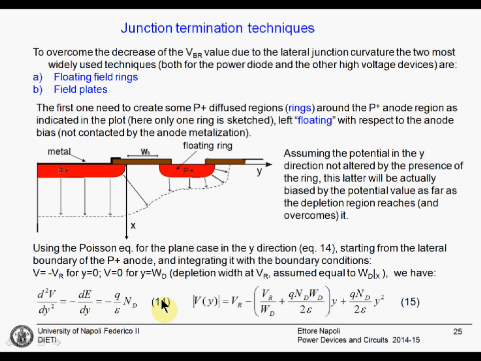You can integrate twice with the given boundary conditions, and obviously you get a parabolic equation. You are integrating twice a constant value, so you obtain a parabolic equation for the potential along this y region, the y direction.